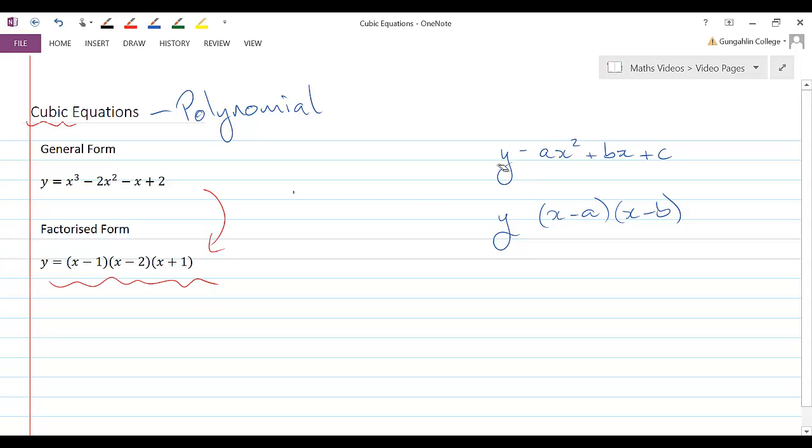As far as we're concerned, we're going to spend a little bit of time getting from general form into factorized form, but we're not going to spend heaps and heaps of time, and we're going to give you relatively easy cases of that. If you're in the specialist stream, you will need to eventually look at more complicated factorizations, but for our purposes, we're just going to go through a few processes of how to get into factorized form.